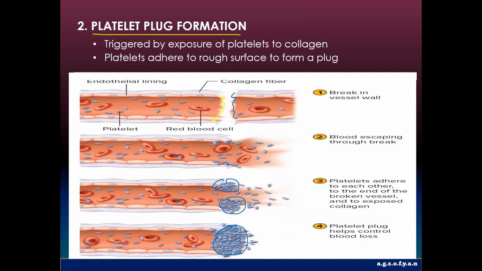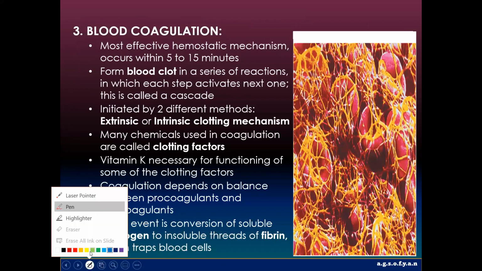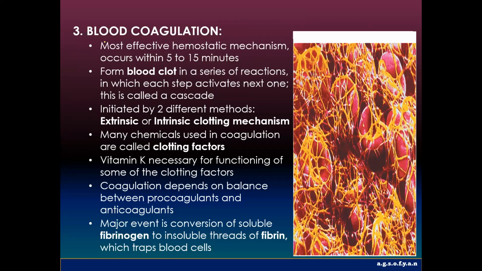Therefore, there will be a third process or stage to stop the bleeding, and that stage is called blood coagulation. So a blood clot is actually a series of reactions. There are two initiations for this blood clot, the extrinsic mechanism and the intrinsic mechanism.